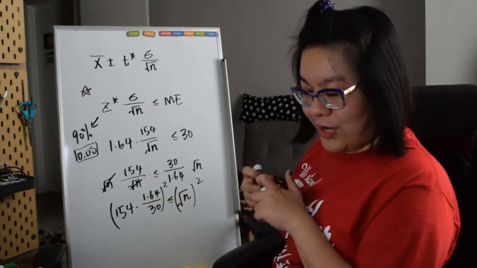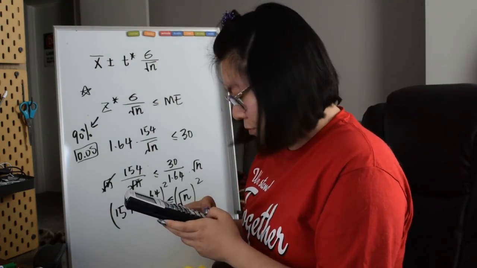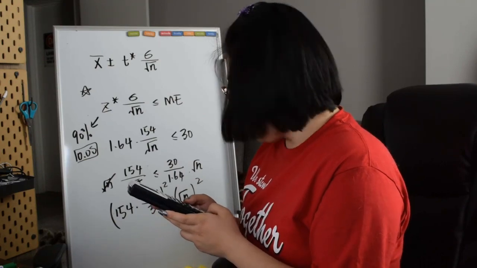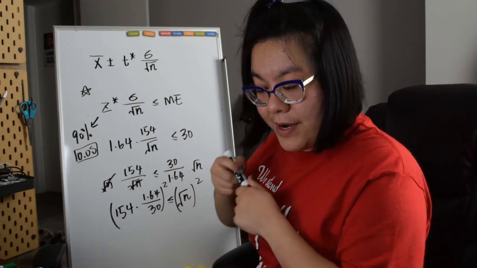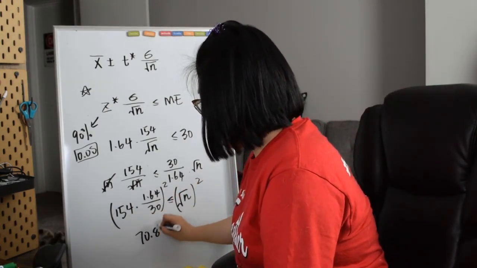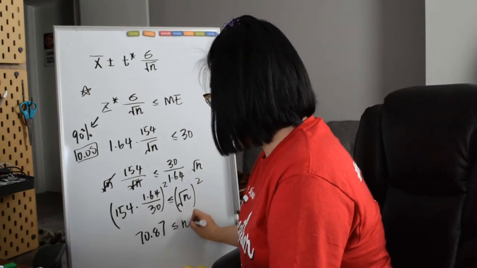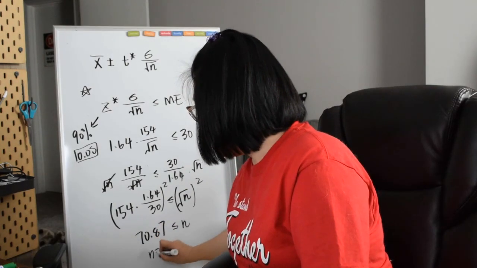All right, let's try this. 154 times 1.64 divided by 30, squared. All right, 70.87. Okay, so n has to be greater than that, so n will be 71.